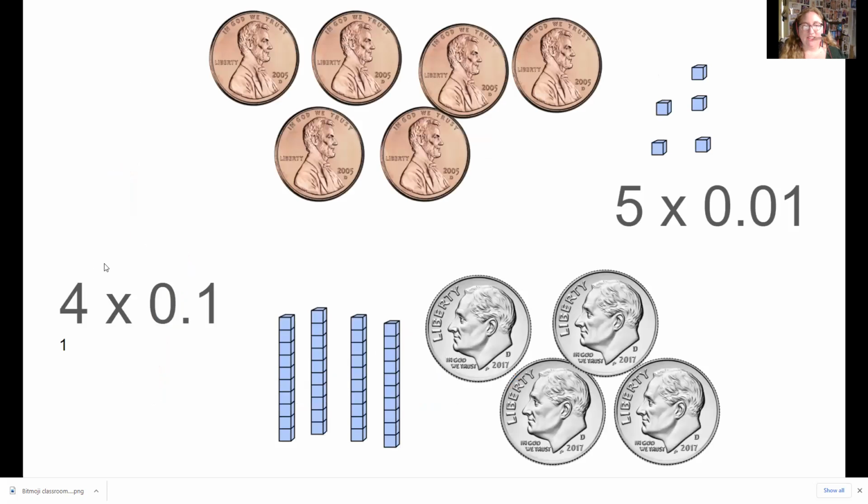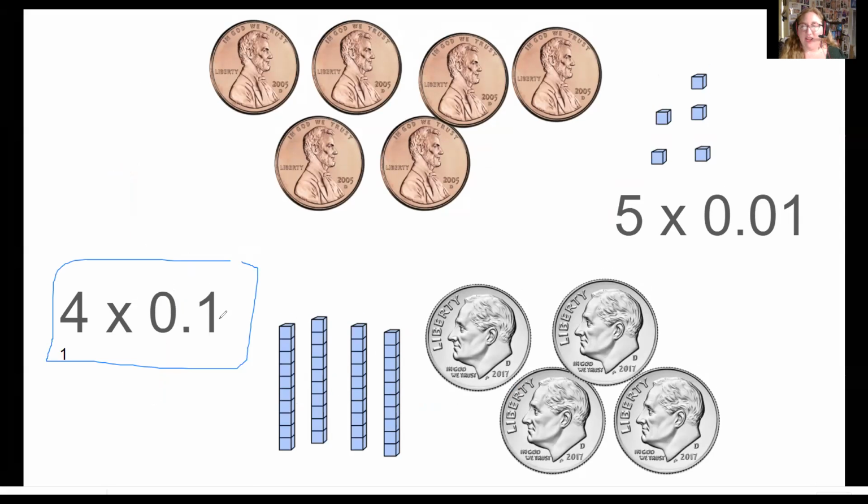So first let's look at 4 times 1/10 right here. We could think about it like this is 4 groups of 1/10. I have 4 1/10s. That's what it means. So there's 1/10, 1/10, 1/10, 1/10.